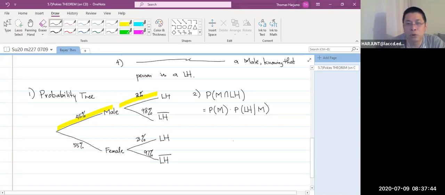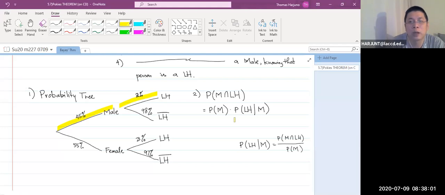So you remember the conditional probability of left hand given male is equal to the probability of the intersection over the probability of male, right?